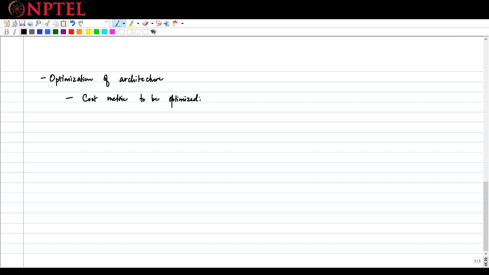Right? That's very important to keep in mind, because whenever we say optimization, you need to know what your cost is. What is it that you're trying to optimize? If you're not clear about what you're trying to optimize, then the statement basically does not make sense.